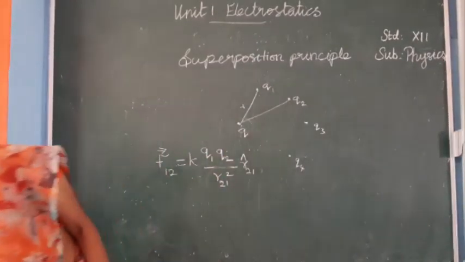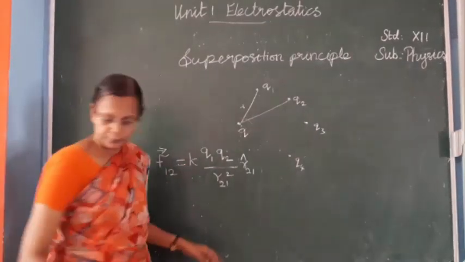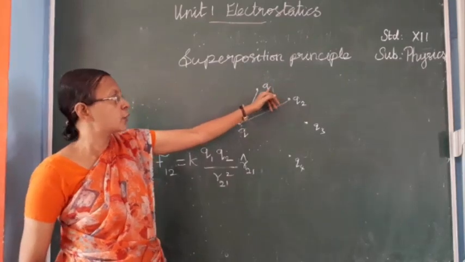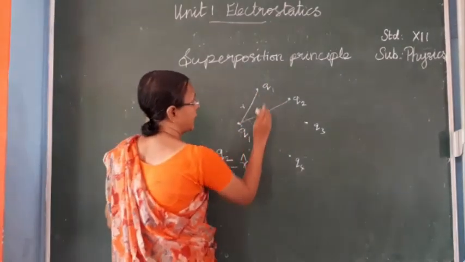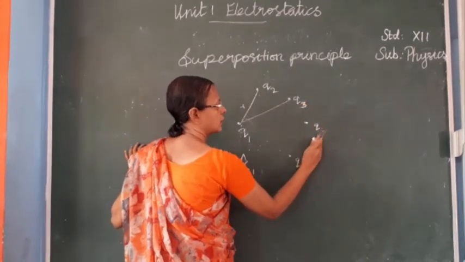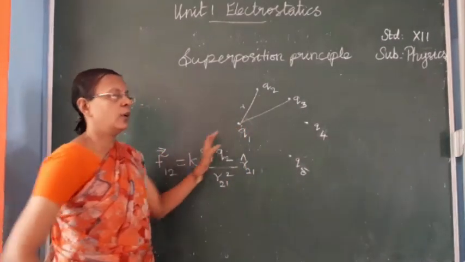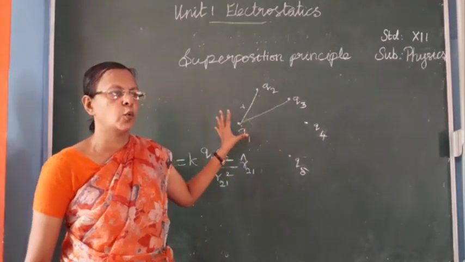So how can we write this in a formula? Here, one more thing. According to our formula, we have charges Q1, Q2, Q3, Q4, Q5. The first charge we can take as Q1.